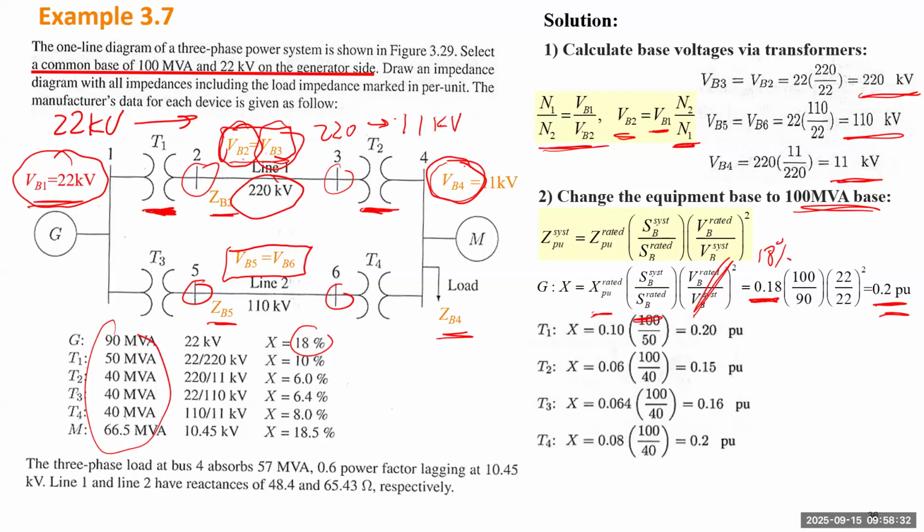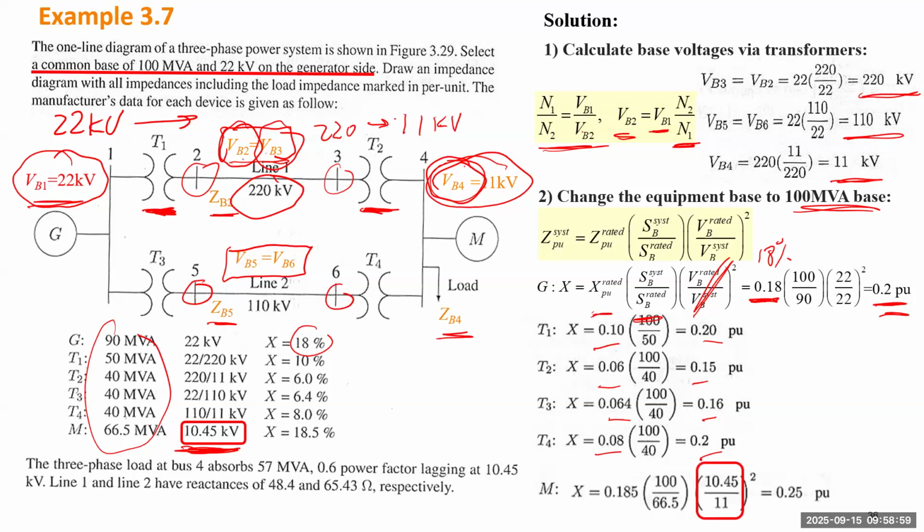Similarly, we can update the per unit value for the other equipment. You see they all change based on the original power rating and the new common power base. For the motor, on the plate it says it operates at 10.45 kV. But in the network, we need to make sure the voltage base on the motor side also meets the ratio of the transformer.